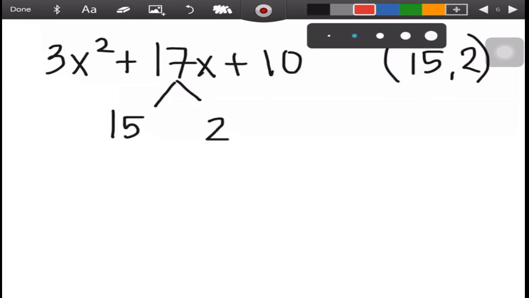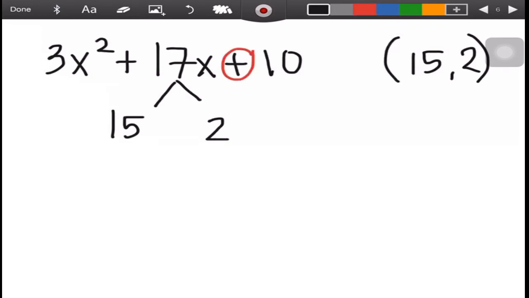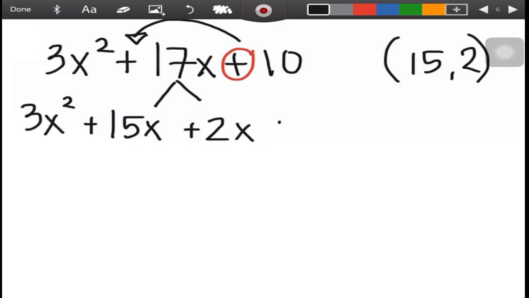And then, since our third term is positive, we will use same sign. We will use the sign of the middle term, that is plus. And then we will copy the variable of the middle term. Next, copy the first and the last terms. So if we add 15x plus 2x, it will still give us 17x.